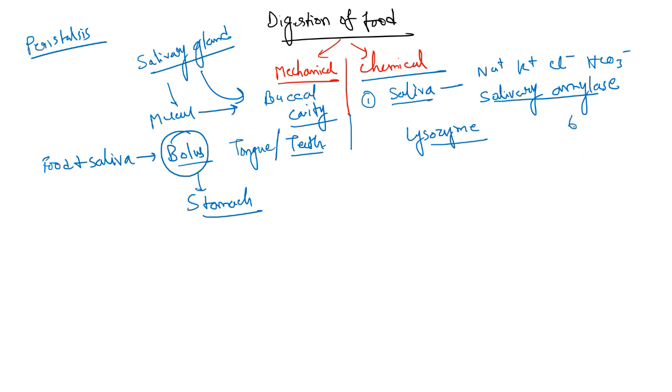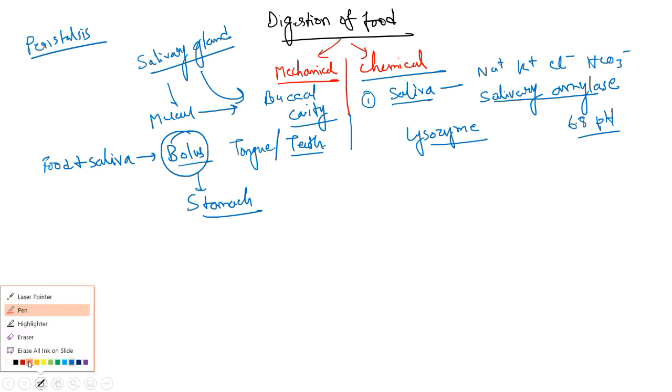But salivary amylase requires a pH of 6.8 to 7, near neutral pH, to work. So if acidic pH is there, salivary amylase will not function. That is the very first part of the chemical digestion.